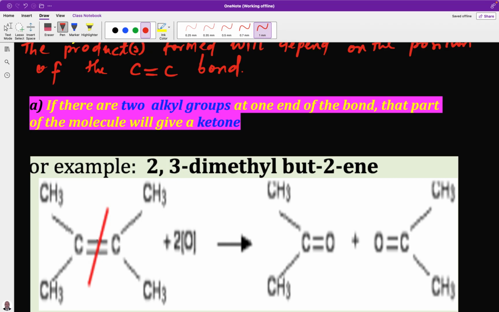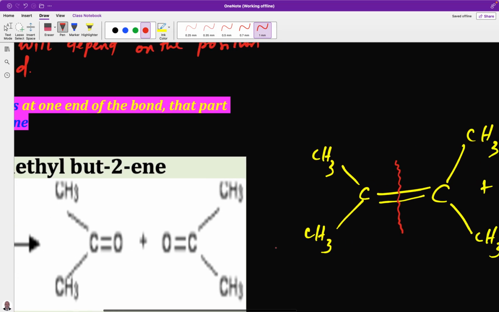And when it breaks, the oxygen that is supplied by the oxidizing agent, hot and concentrated acidified potassium manganate(VII), will provide this oxygen. And these two oxygen atoms will attach themselves to the double bond. And that is how I've explained it to you.